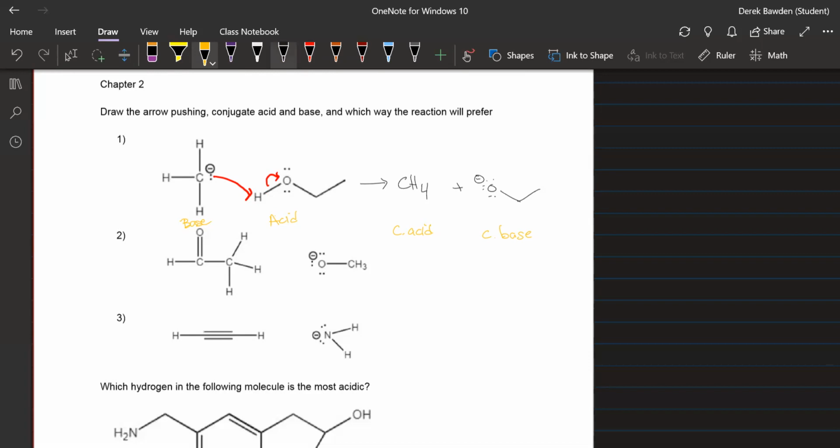Okay, so if I was to tell you that the pKa of this acid is 3.7 and the pKa of this conjugate acid is 28, which way is this reaction going to prefer? Towards the products or towards the reactants?